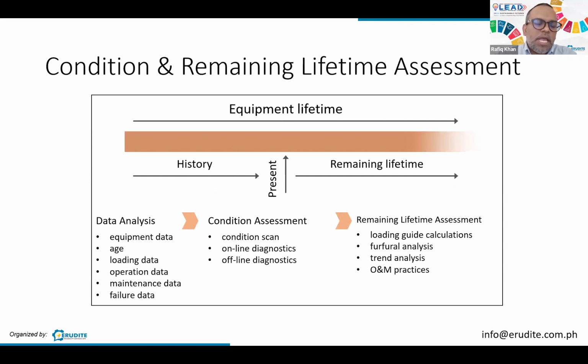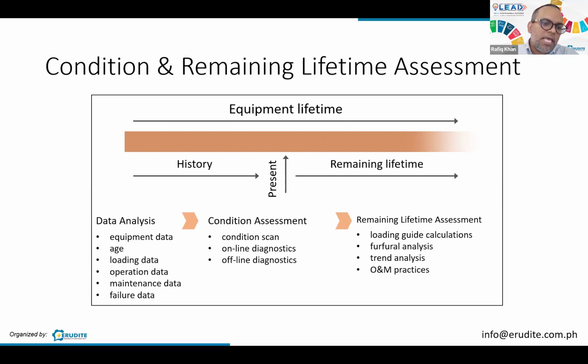So the equipment lifetime, we can look at it as the past, the present, and the future. What we can look at in terms of condition and remaining life assessment is the past as well, not only the data that is present today, tests that you have done today, monitoring that you have done today, but you can also look at the past.